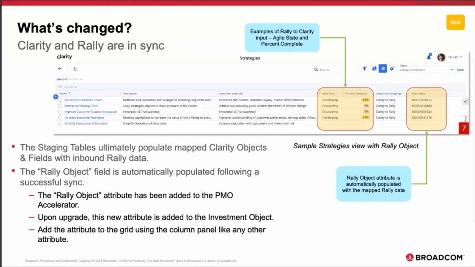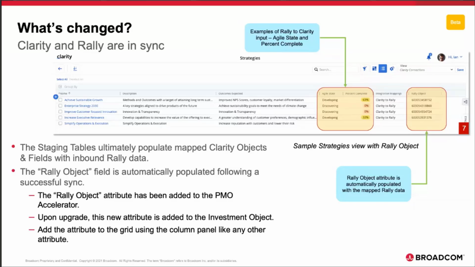So the staging table ultimately populated these mapped Clarity objects and fields with that inbound Rally data. You'll see on the right, the Rally object field is automatically populated following a successful sync. That tells us what Rally object is linked to one of these strategies, two of these strategies.